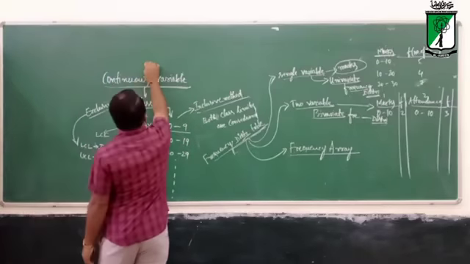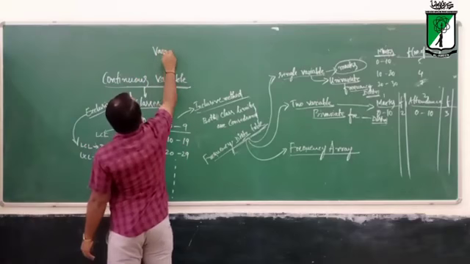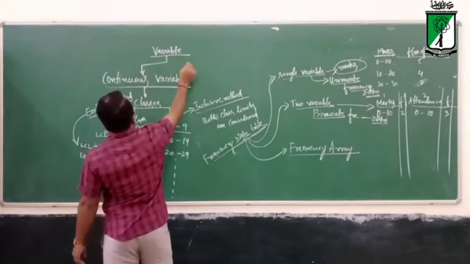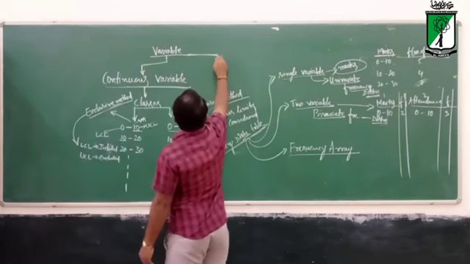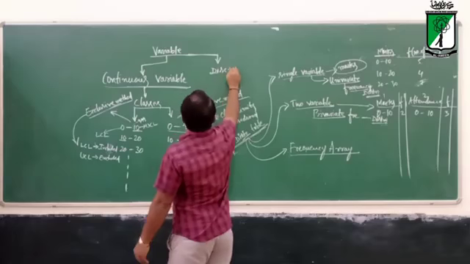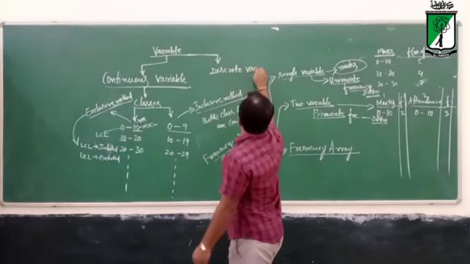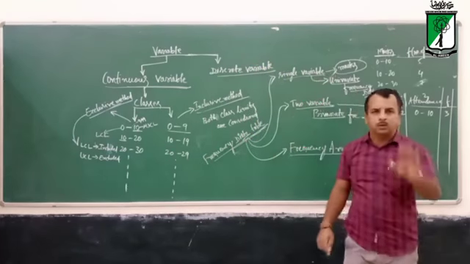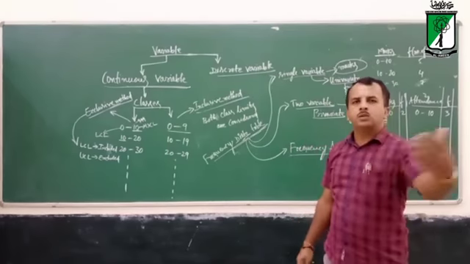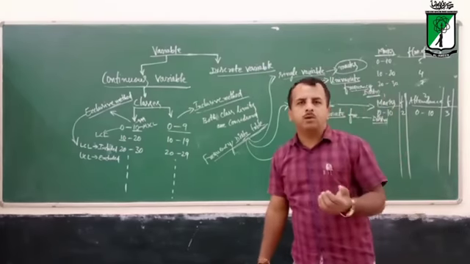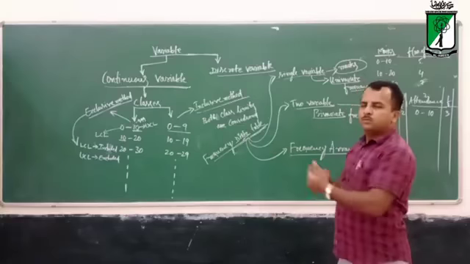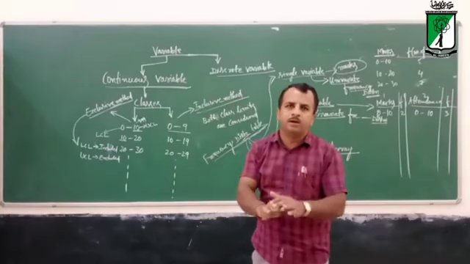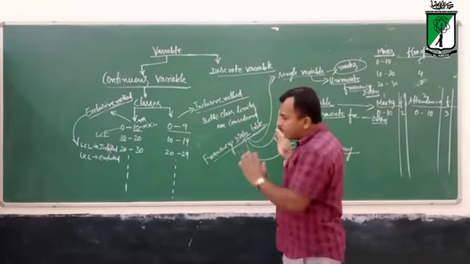One is the continuous variable and another one is the discrete variable. I already explained this in my previous class. Hope you are clear. Please watch the previous video classes once again so that you can get the connection. So there are two variables with respect to the classification of data, with respect to frequency distribution.